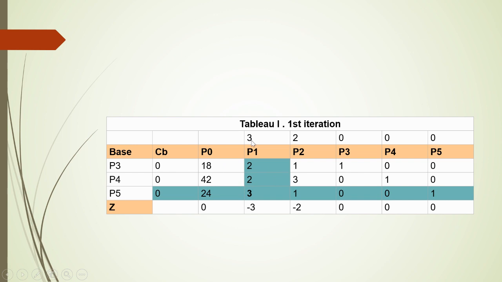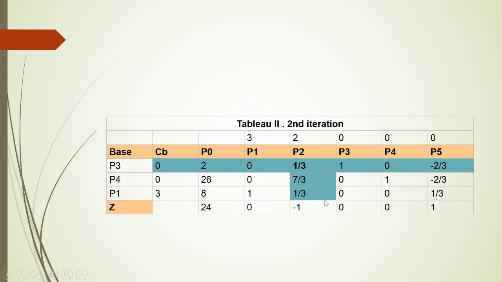So 0 minus 3, minus 3. And the same goes here: 0 into 1, 0 into 3, 0 into 1, 0. And this is Zj. Zj minus Cj, 0 minus 2, minus 2. And the same goes like this.